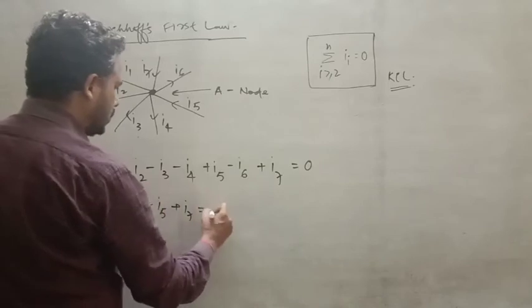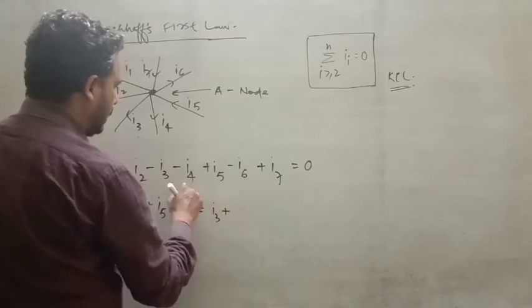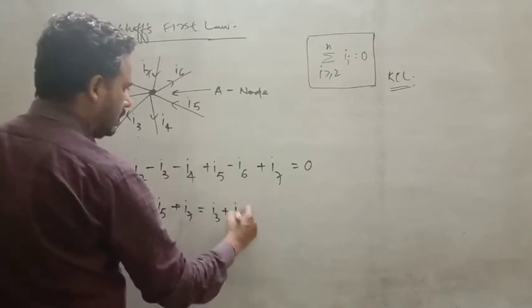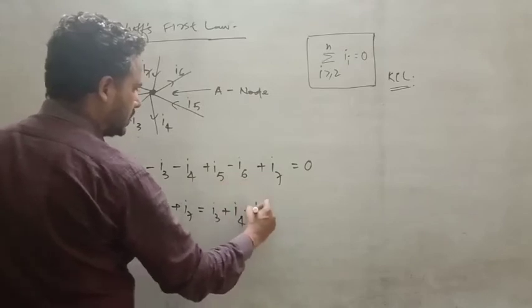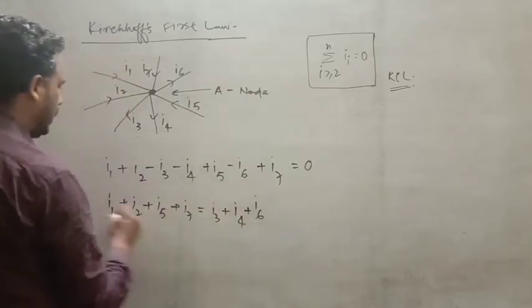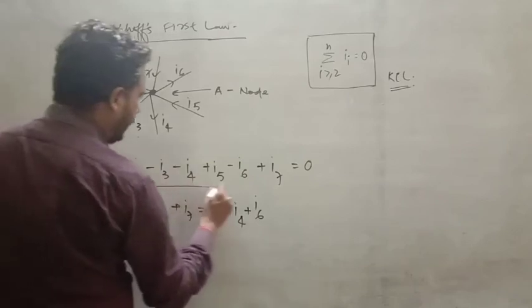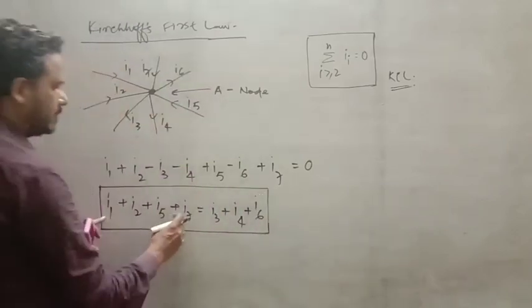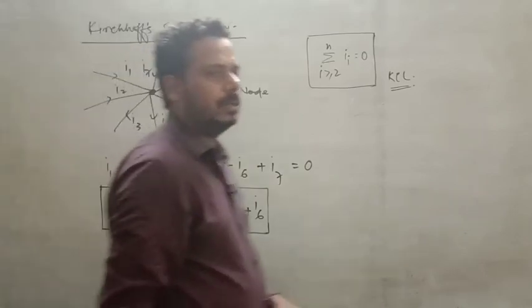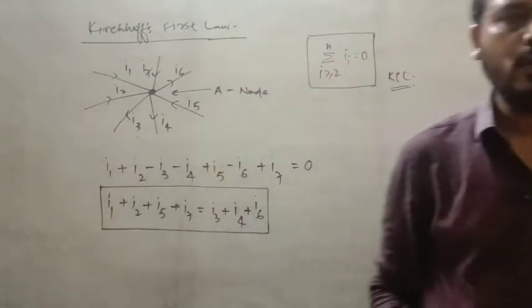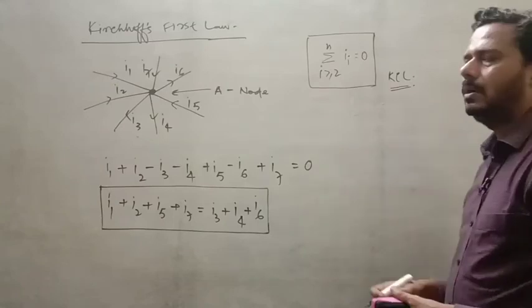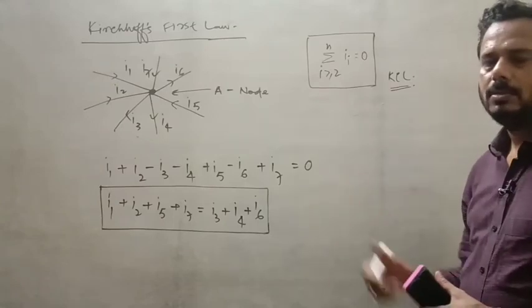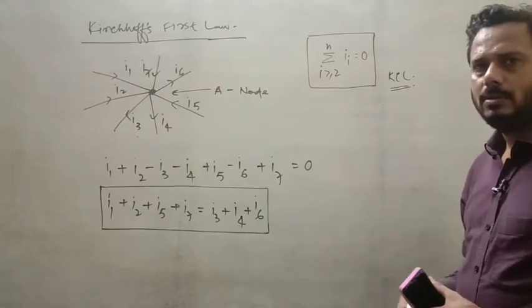So this is I3 plus I4 plus I6. So here you are seeing that this one is equal to this one. This is the way to find the current at this node or junction. This is your first law: current law, node law and junction law.